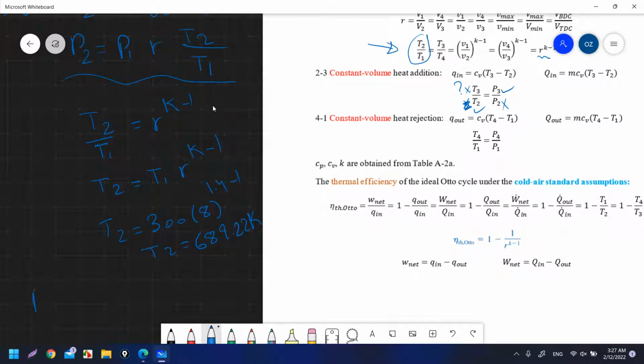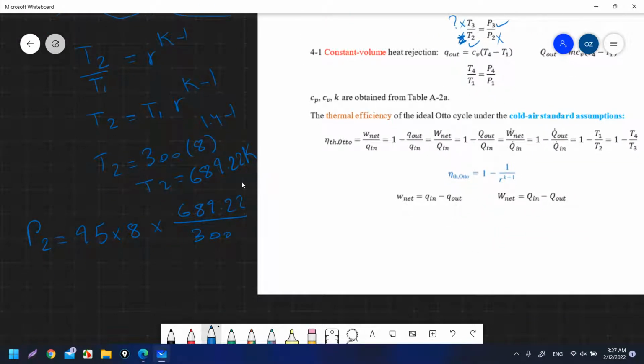P2 is equal to P1, 95 kilopascal, times r, 8, times T2, 689.22, over T1, 300 Kelvin. You have to put it in Kelvin. P2 is 1746.024 kilopascal. Okay, so I also found P2.